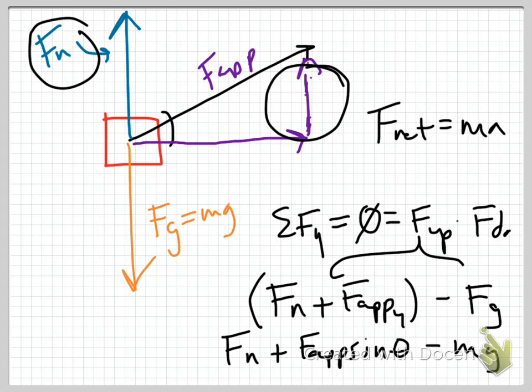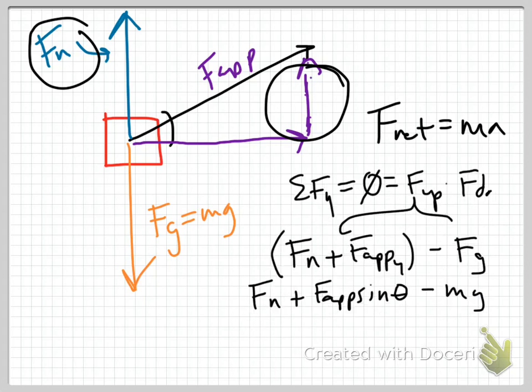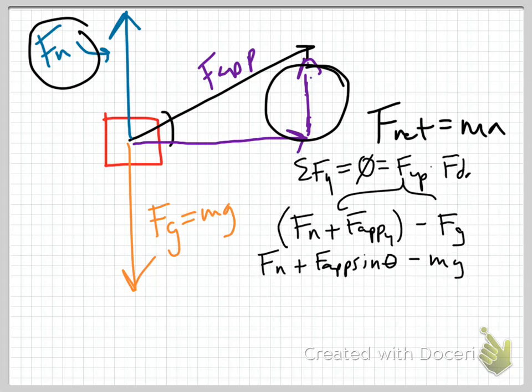If we solve for normal force, is normal force going to be more or less than gravity without going any further? Normal force plus F applied sine theta minus mg equals 0.